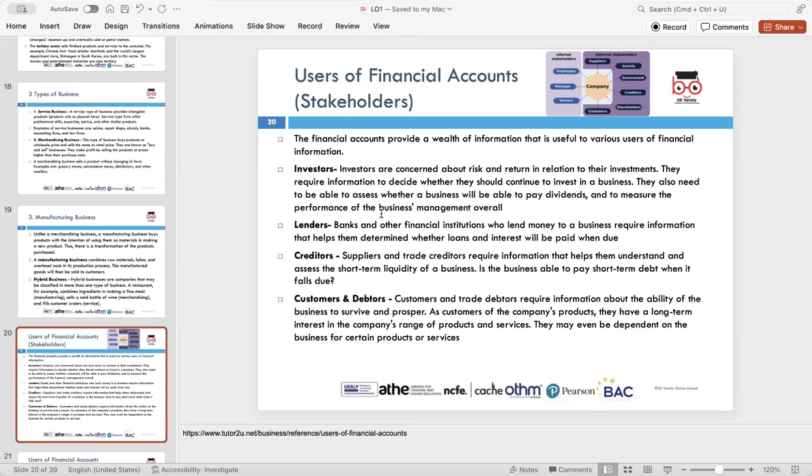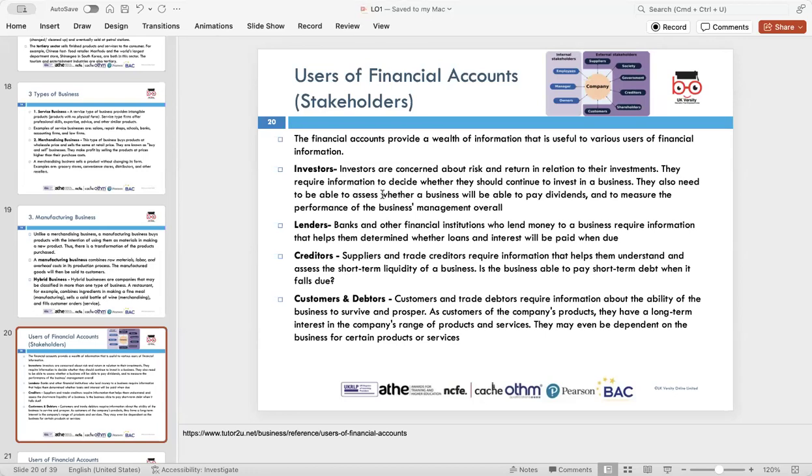Creditors, in order to comprehend and evaluate the short-term liquidity of a business. Creditors include suppliers and trade creditors, who require information that provides them with the necessary information. Will the company be able to meet its short-term debt obligations when they become due?